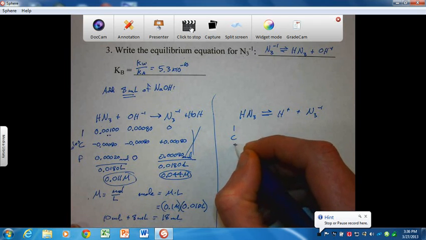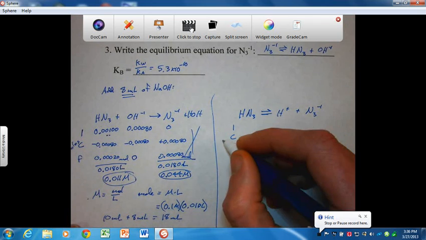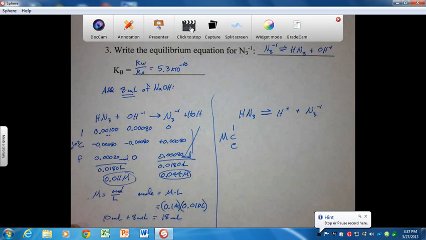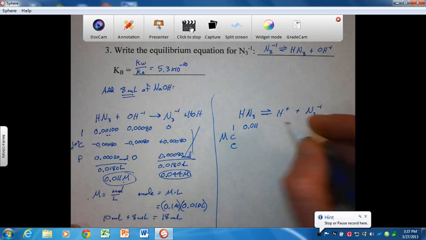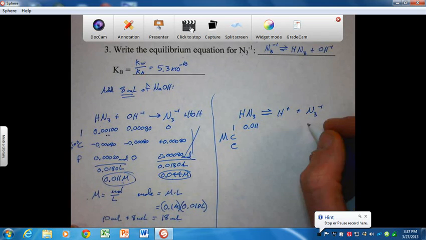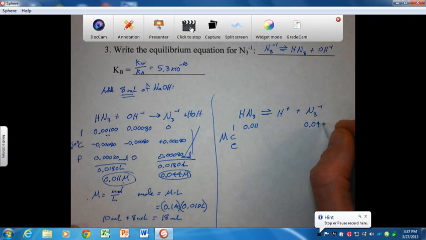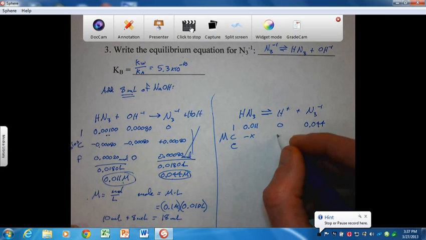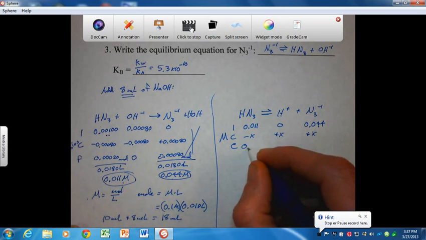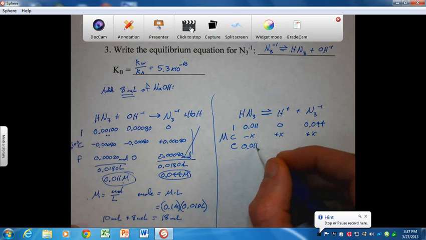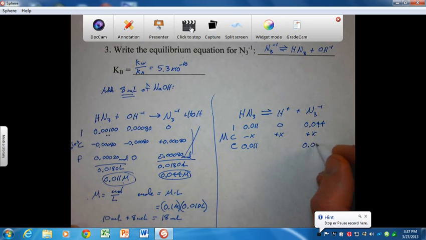The difference with ICE is E stands for equilibrium, and it's all measured with molarities. So right away, this value becomes my initial molarity of the acid, this value my initial molarity of the salt, and we'll assume that there's no hydrogen in the solution until equilibrium is reached, in which case a little bit will form, X will form. Hopefully X is a small number, because that lets us make this assumption and this assumption.